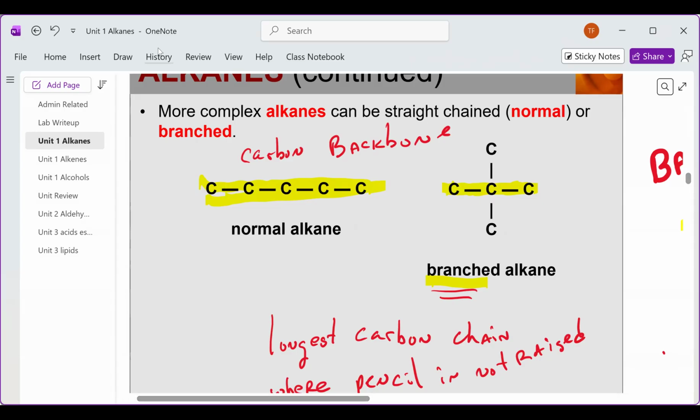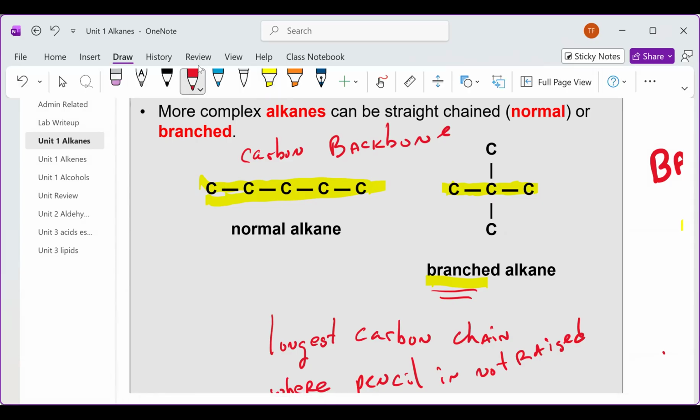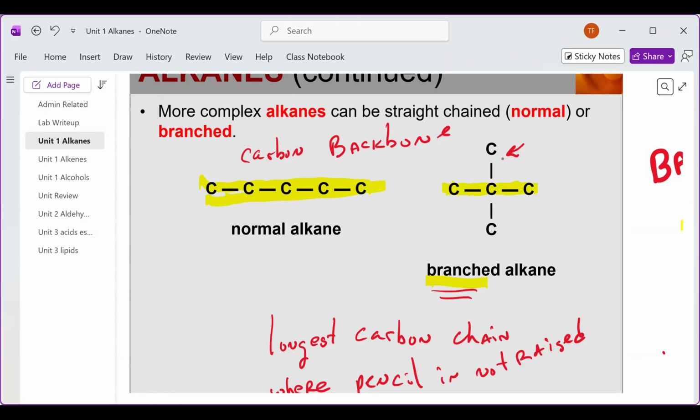Those are called branches. So notice this has 5 carbons on the left, 5 carbons on the right, but not the same molecule at all.